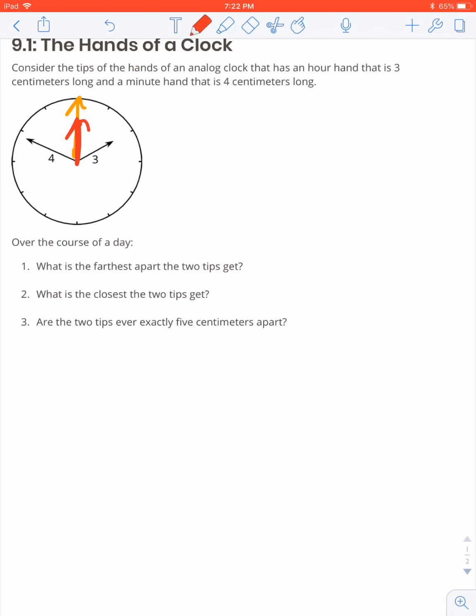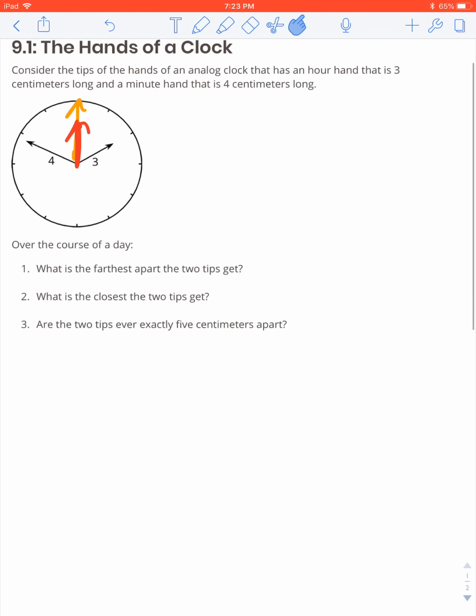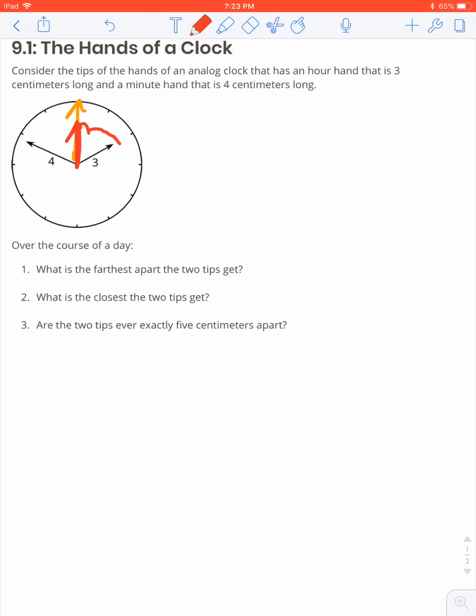And one hand is going to stay put, like typical clocks tend to do every once in a while, but the other hand is going to rotate. What's going to happen to the distance between the tips as the red one rotates around the clock? What's going to happen to the distance between the orange tip and the red tip as it rotates around the clock? Go ahead and pause the video here and think about what your answer is.